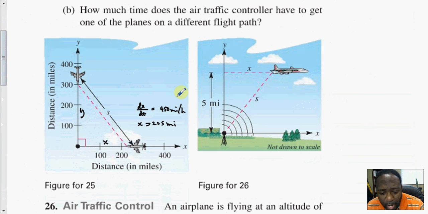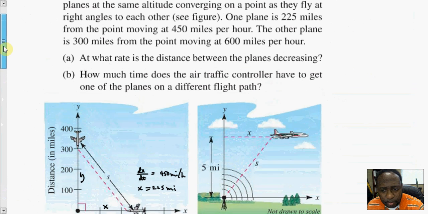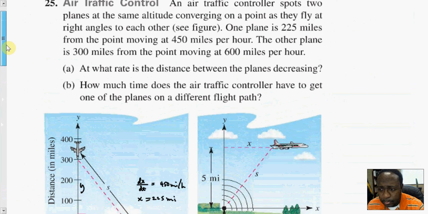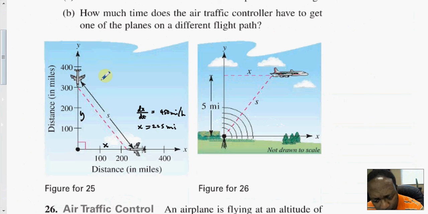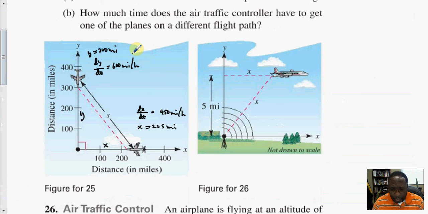And then the Y is the 300 miles, and its rate is 600 miles per hour. Right? And let's see, anything else we need from there.